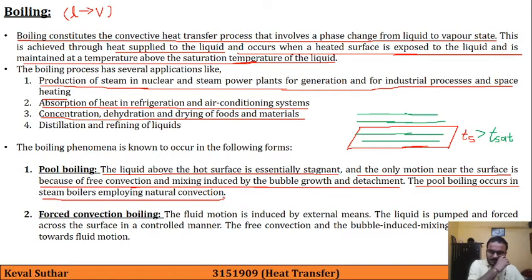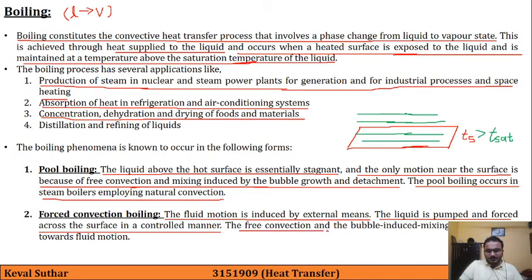Second is forced convection boiling. The fluid motion is induced by external means. This is just like the difference between free and forced convection: the liquid is pumped and forced across the surface in a controlled manner.